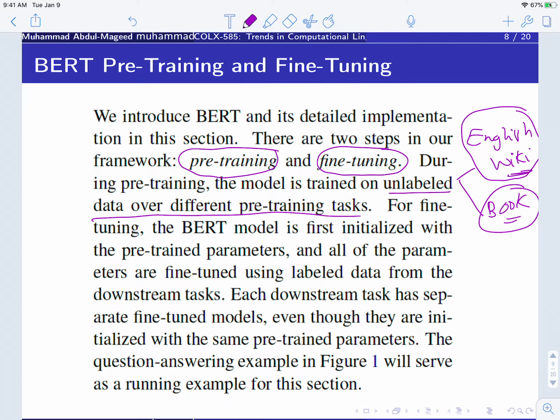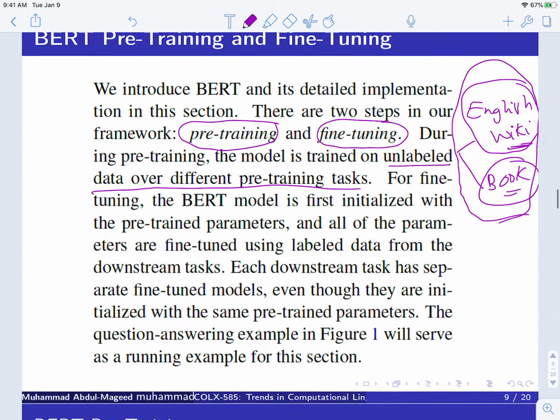All we need to do is we take each data set and then we mask some words, right? And then for each given sentence, we can take the next sentence and we try to learn whether it's a good next sentence or not. 50% of the time we swap the next sentence with a random sentence, as I said before, and then we learn. So we don't need these data sets on which we will train BERT to be labeled at all.